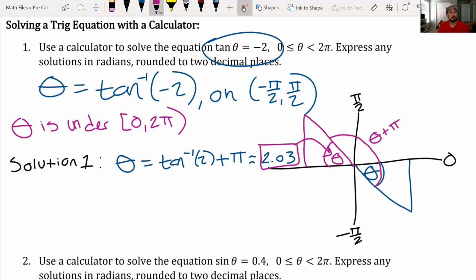But that doesn't mean we're done, because is it possible to stay in the unit circle and get another value for tangent that is negative? And that answer is yes.